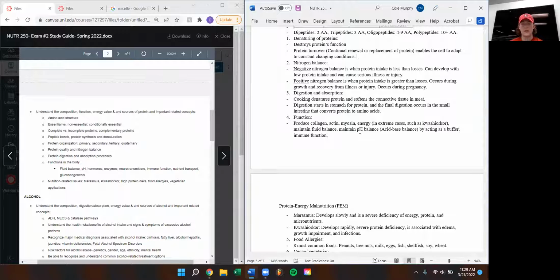A buffer maintains the pH, which is the acidity level, the acid base balance. The protein helps maintain a healthy pH in the body, which I think is 7.35 to 7.45. So the protein helps your body stay in those levels. And once it comes out of those optimal levels, that's when your body starts seeing problems and gets real bad real quick.